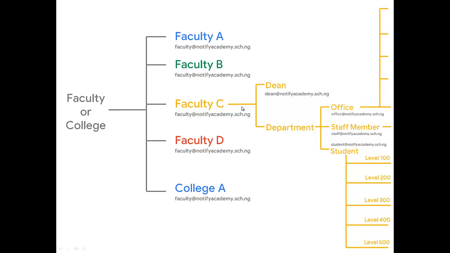Then moving forward, you will see that every faculty will have a dean. So maybe this will be for the dean's office, and maybe one or two staff underneath there, so it will be easier for you to manage. Also, groups of departments are always under faculty, so you could have departments here.